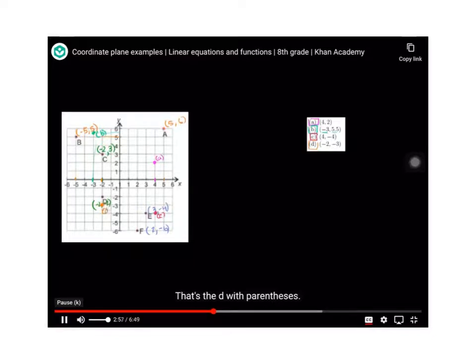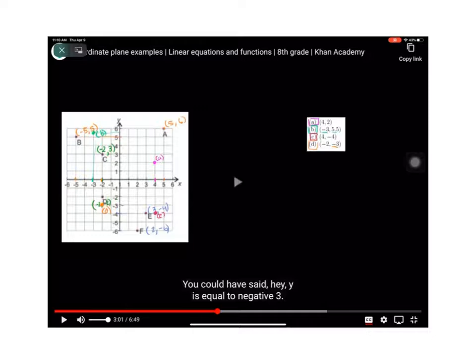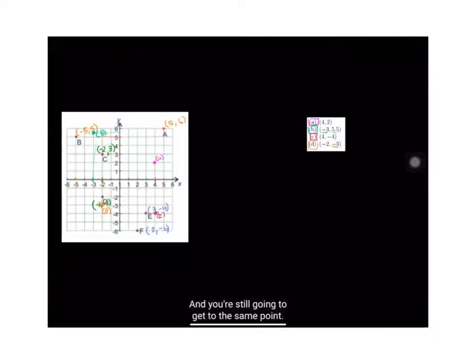That's the D with parentheses. And you could have gone the other way. You could have said, hey, y is equal to negative 3, x is equal to negative 2. So you could go to the left and down, or you could go down and to the left, and you're still going to get to the same point. So hopefully that gives you a good sense of how to figure out coordinates, or if you're given coordinates, how to figure out where to plot something on the xy coordinate plane.